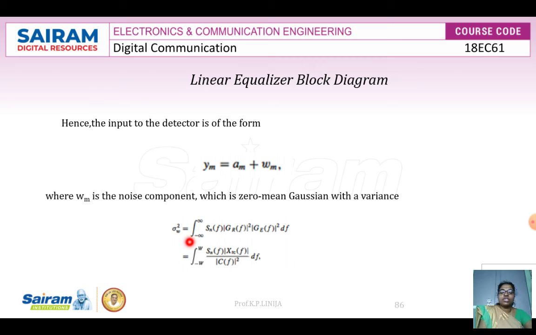Therefore, it is the integral from minus W to W of Sn of f into modulus of XRC of f divided by modulus of C of f the whole squared into df. The variance of the noise component can be expressed in this way.